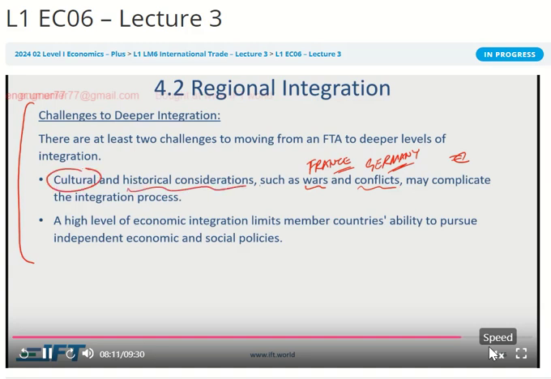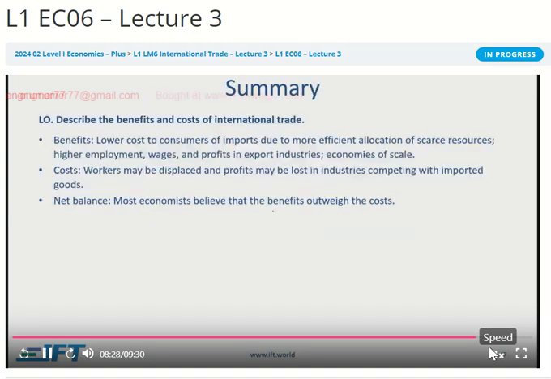So eventually this has been and will probably continue to be somewhat of a challenge in the level of economic integration you can achieve, and it will put limits on that integration.